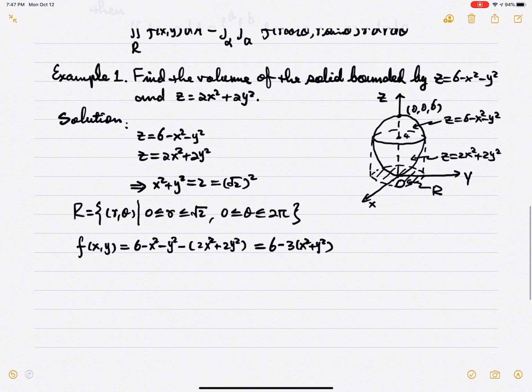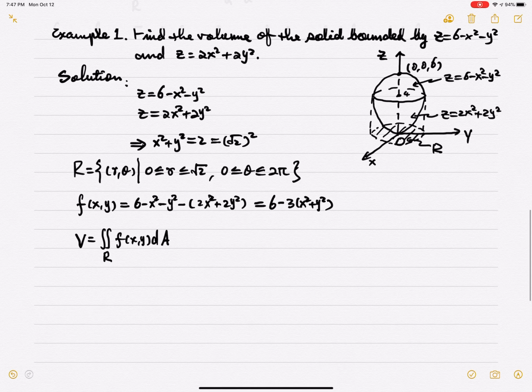Equal to this. Okay. Now, if you consider this volume is equal to the double integral over R of f(x, y) dA. If you change it to polar coordinates, that's r from 0 to root 2, and theta from 0 to 2 pi.